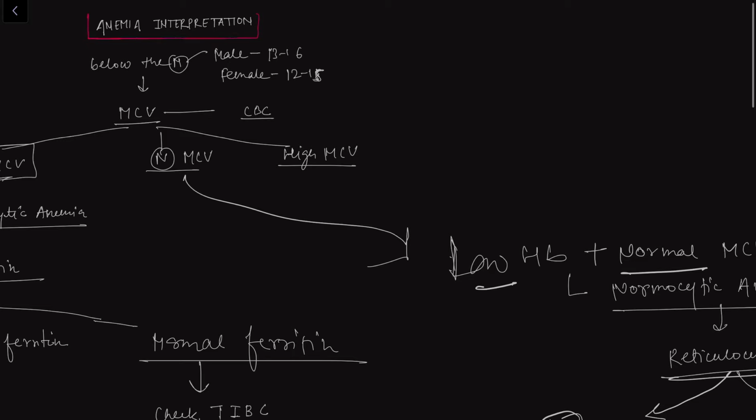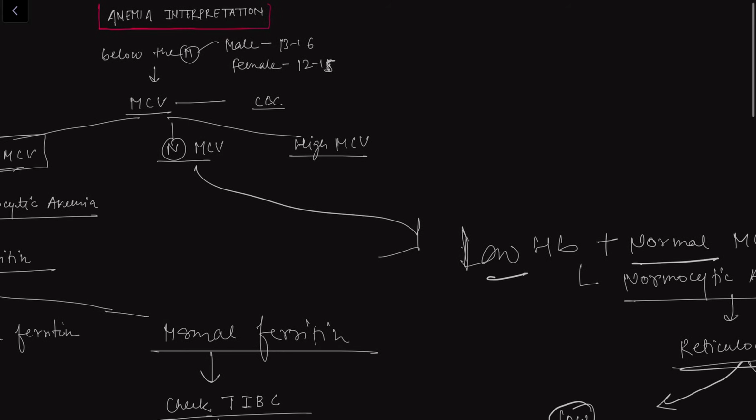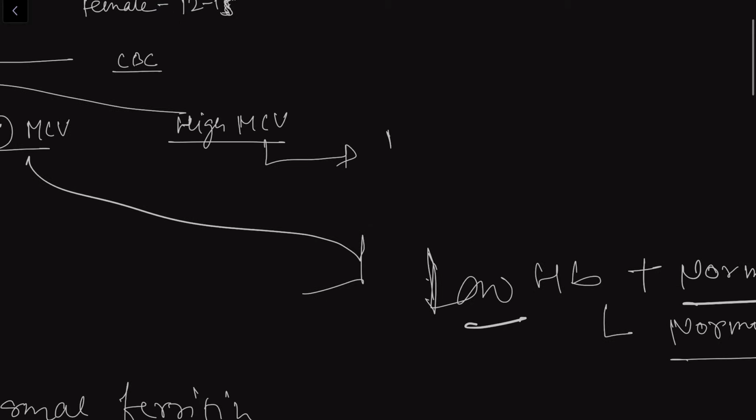Third, if the patient has low hemoglobin but high MCV, then the patient has macrocytic anemia.